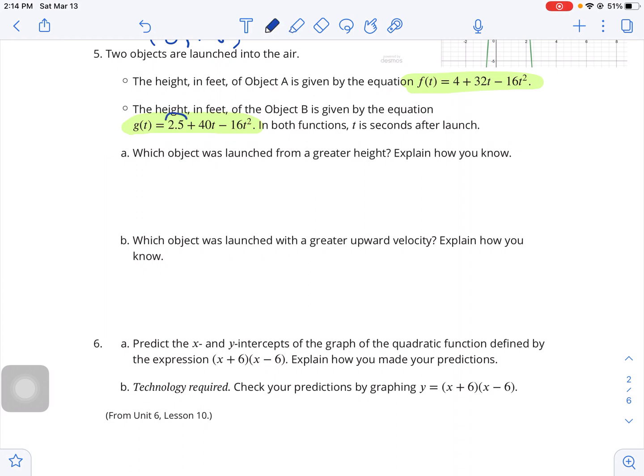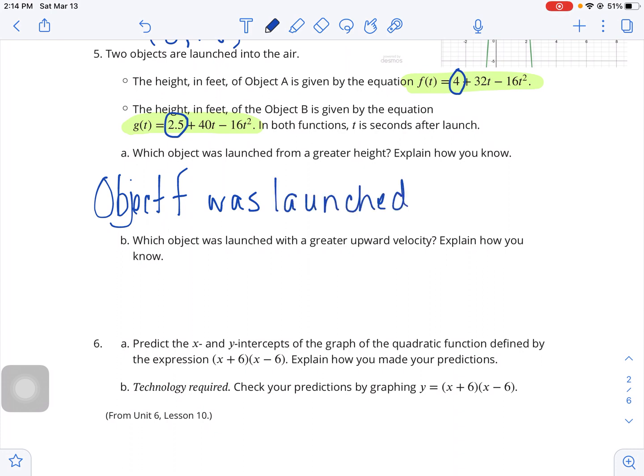I would say this one was launched from 2.5 feet, and this one was launched from 4 feet. So object F was launched from a greater height.